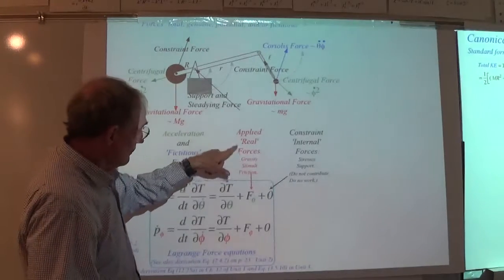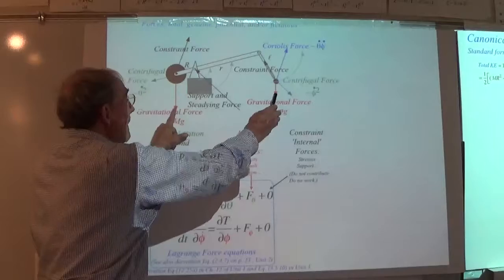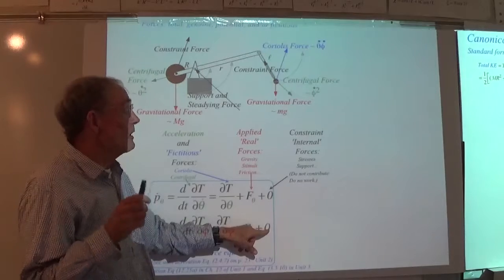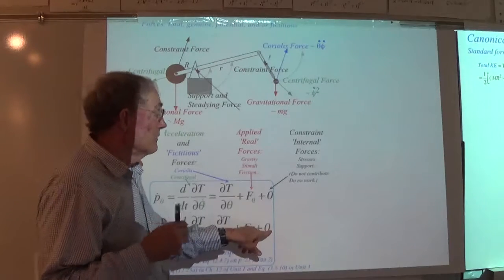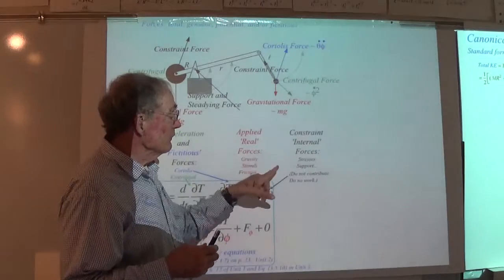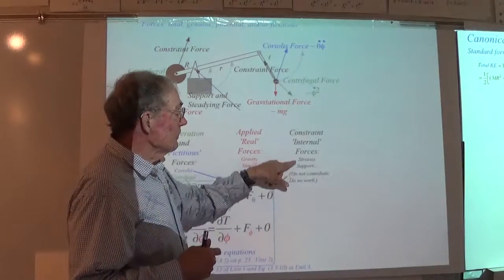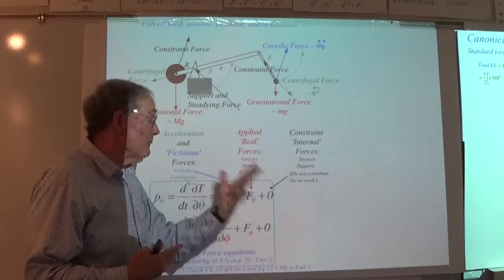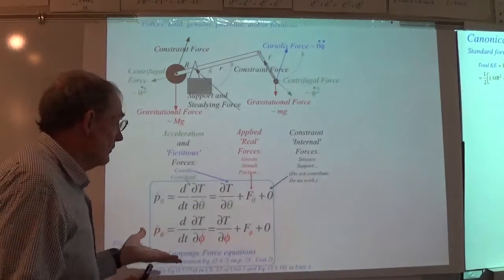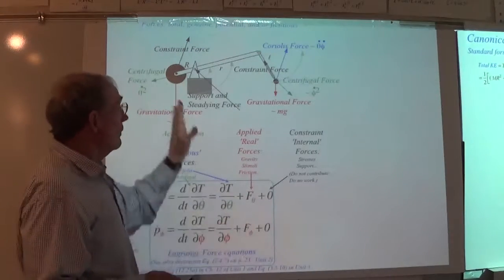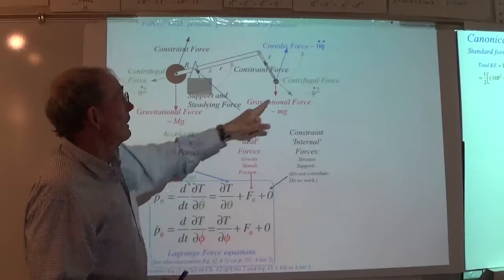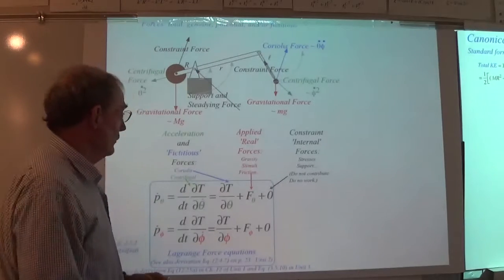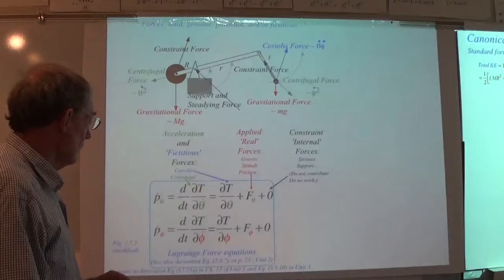Now if you're applying real forces from outside like we are with the gravity, well, we add those. But we put a big zero here, and that's something we need to talk about later on as we talk about constraints in general at the very end of this unit. But these are stresses and support forces that do no work, first of all, so that kind of writes them off right away. But then still, it's a bit of a geometrical mystery of why we get to ignore all of those arrows except for the ones that are really driving it, and ignore the things that are holding it together. Well, that's, I think, an important thing to see.